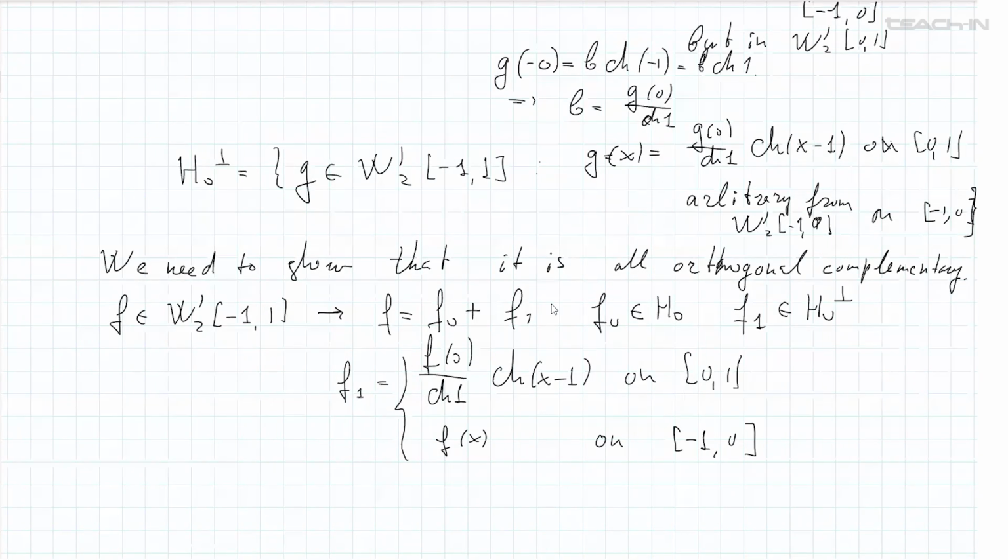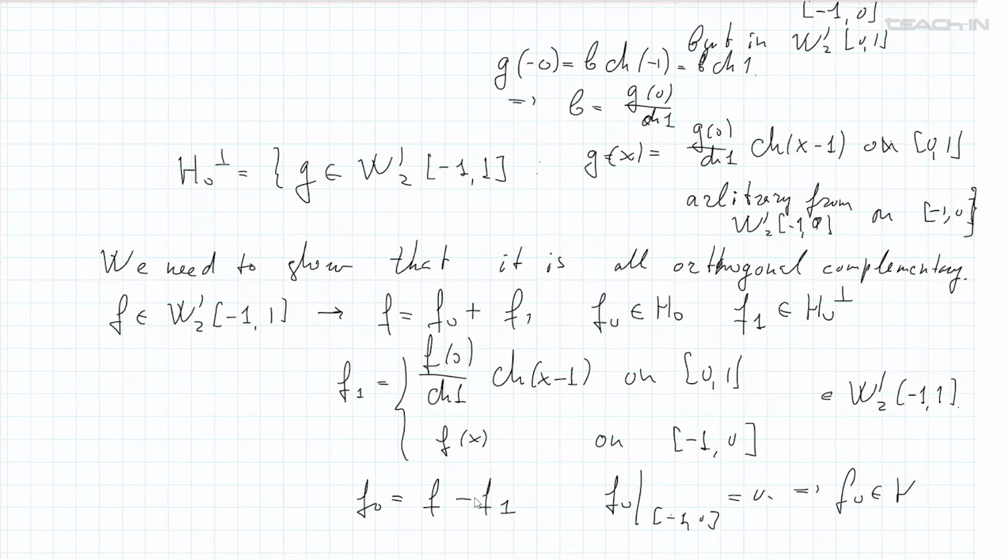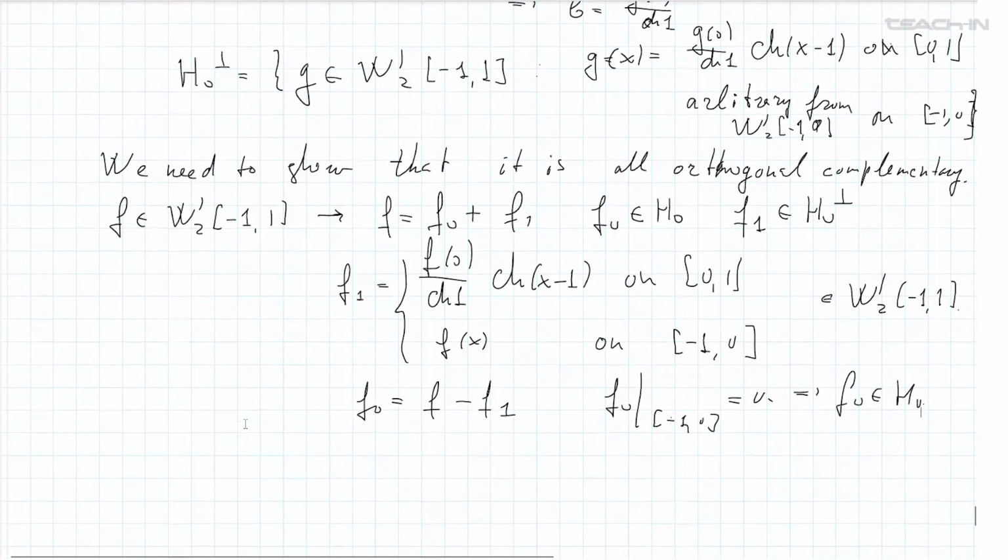You see that it is a function from W^1_2 and it is continuous at 0, because the value of the hyperbolic cosine at 0 is reduced. And f0 is just f minus f1. You see that f0 on this subinterval equals 0, so it is really from H0. So you divide the whole space into the sum of two subspaces. So it is really the orthogonal complement.